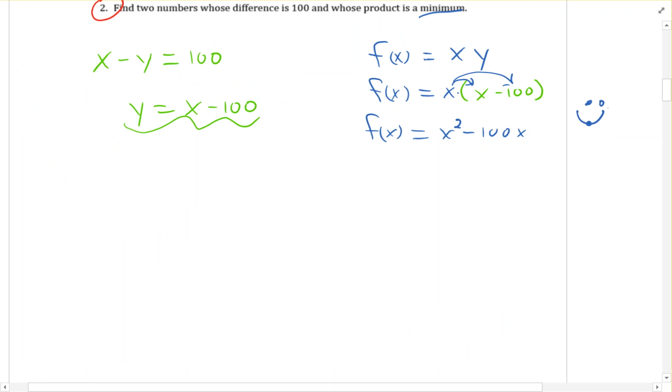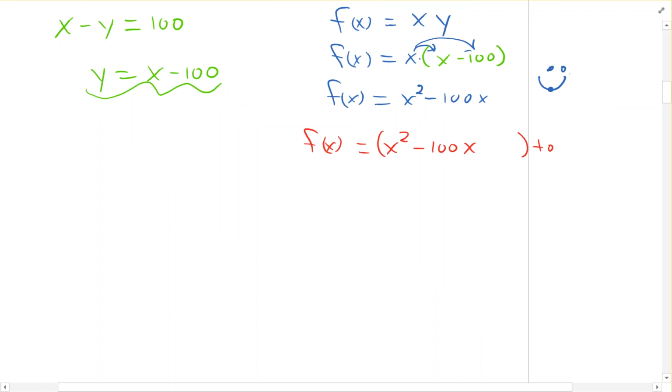So if we look down here, I need to convert this into vertex form. So let's do that now. I'm going to say f of x is equal to, we're going to write it as x squared minus 100x. I'm going to leave a space, and I'm just going to put plus 0 so it looks kind of like what we've been doing before. f of x is equal to x minus 50 squared, and now I've got to figure out what goes up here.